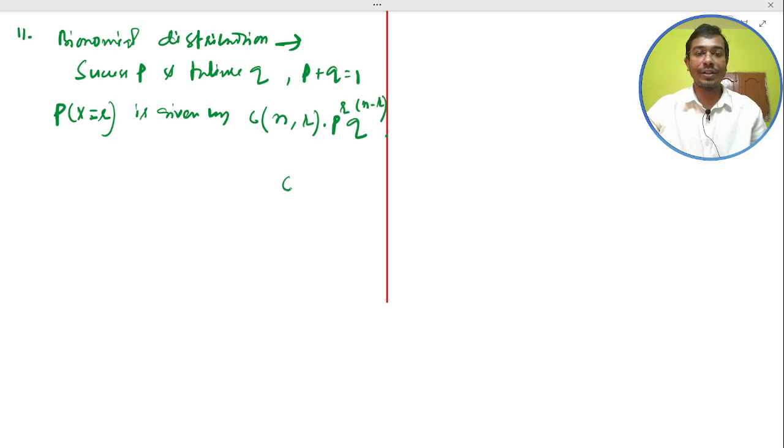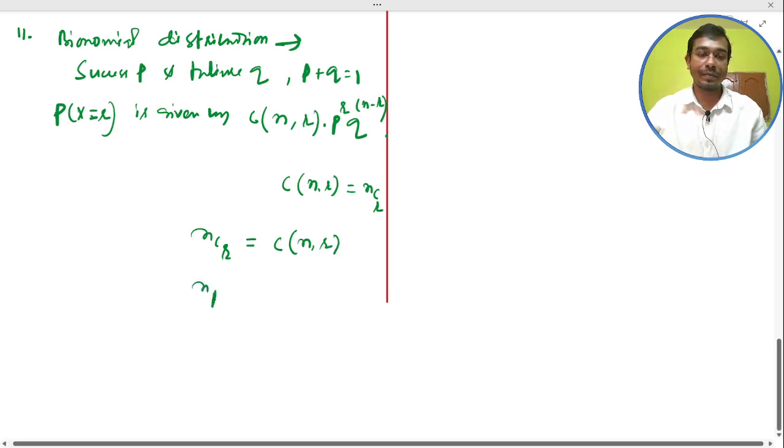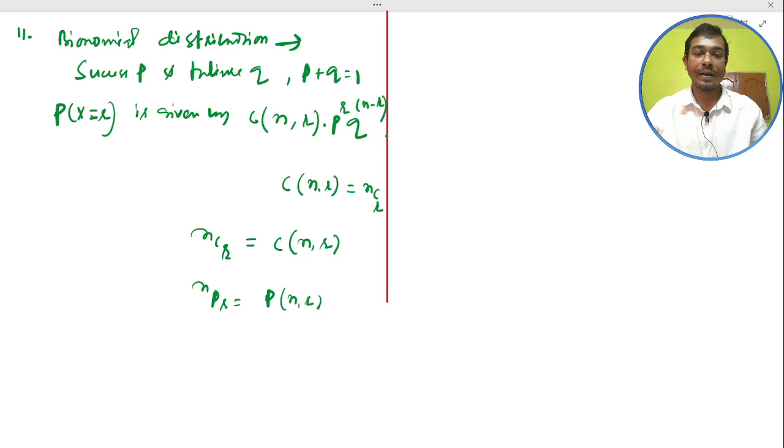This c of n r means nCr, the combination, and nPr means permutation.